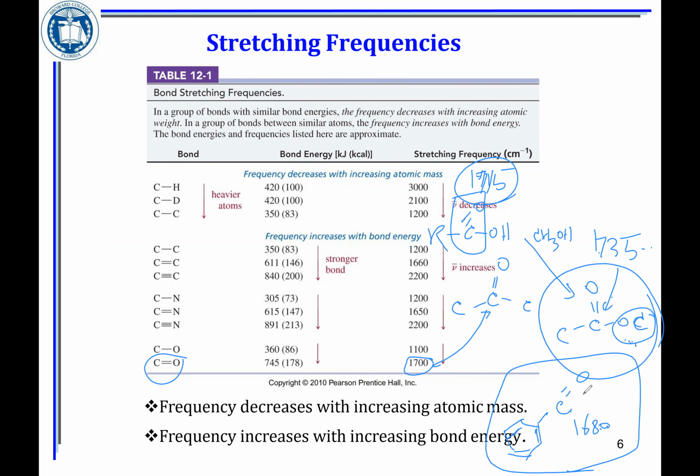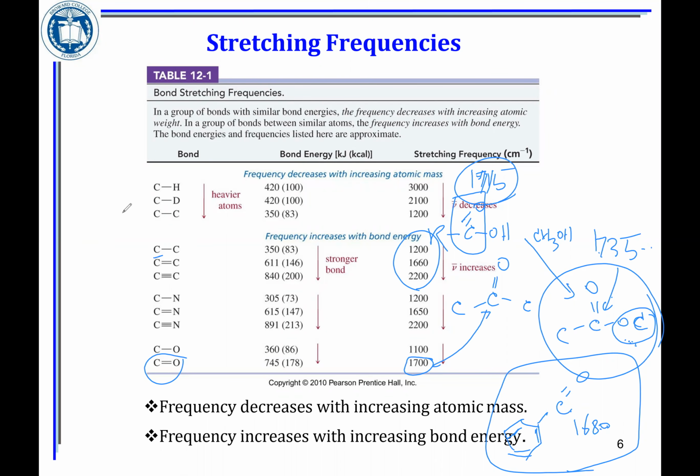So we can look at the chemical environment of any of these functional groups and say it may not be the exact number that we see here. It could be lower.